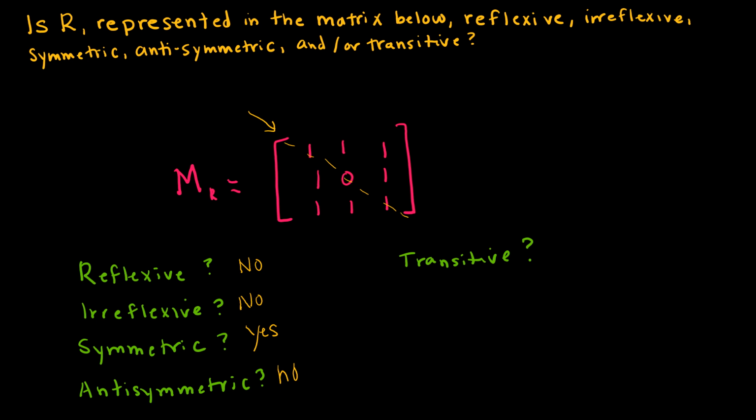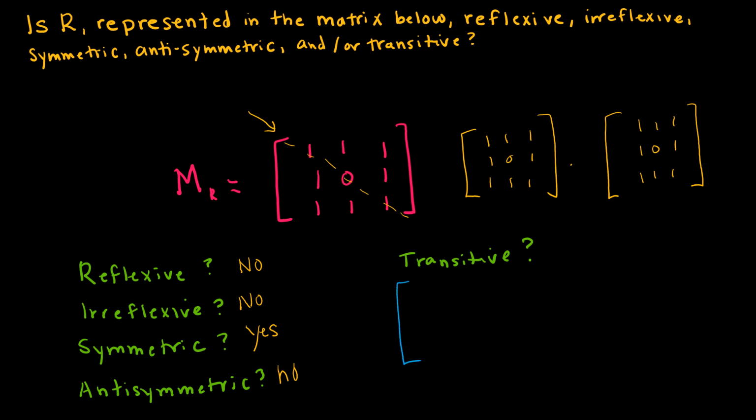So I'm going to take this matrix multiplied by itself, and then see what I come up with. So again, I'm looking at 1, 2, 3, 4, 5, 6, 7, 8, 9 spaces.